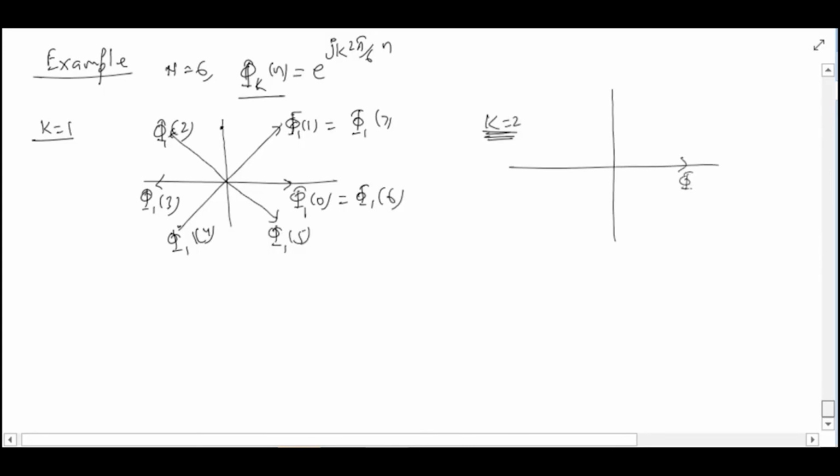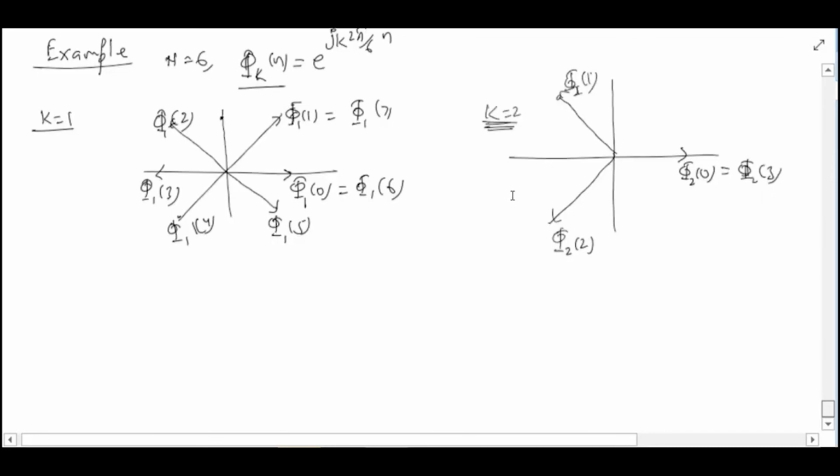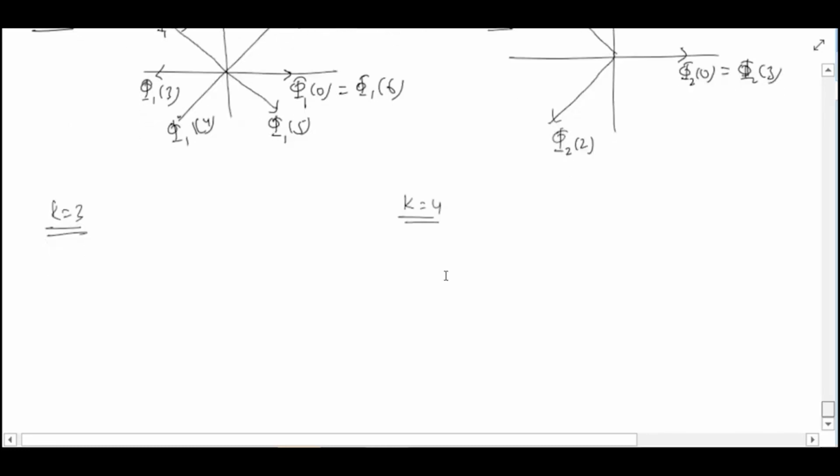Here I have phi 2 0, then phi 2 1, and this is phi 2 2. phi 2 3, because of periodicity, will be the same as phi 2 0. Similarly, I can write complex exponentials for k equals 3 and k equals 4 as well. I leave those as an exercise.